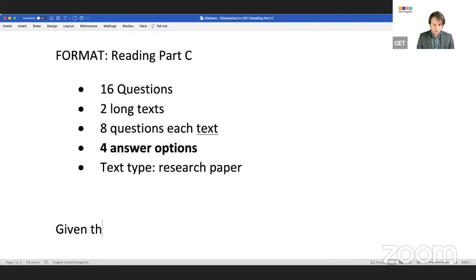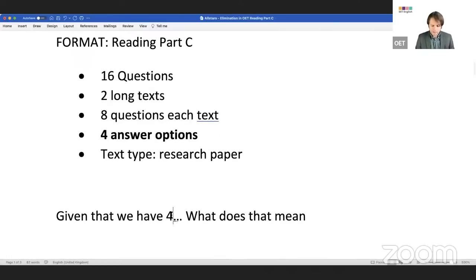Given that we have 4, what does that mean? Given that we have 4 options, what is more important in terms of technique? This is a really difficult question now.